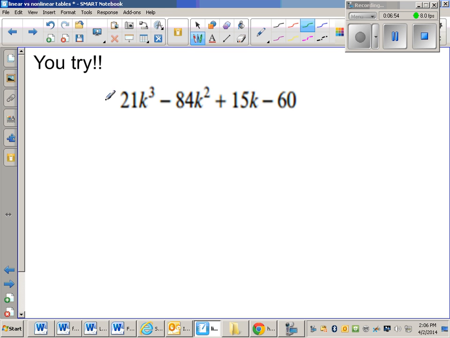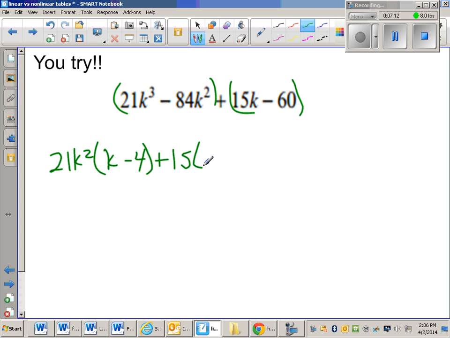All right, so to check this, we're going to group our first two together and our second two together. And let's see, pulling something out of here. Looks like, what, 21k squared? So that would leave me with k minus 4. And the second one I can pull out a 15. So again, I'm left with k minus 4. So I'm going to pull these guys out.